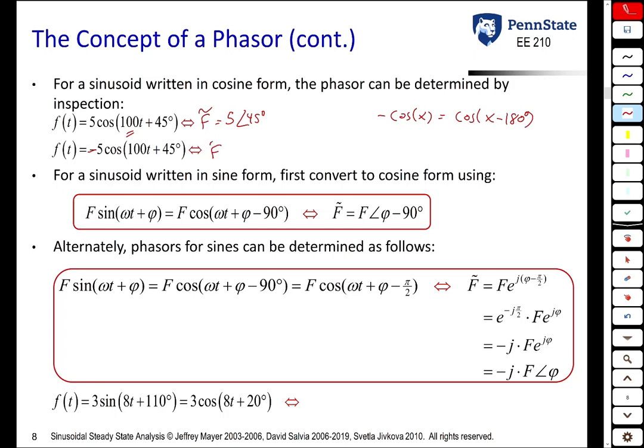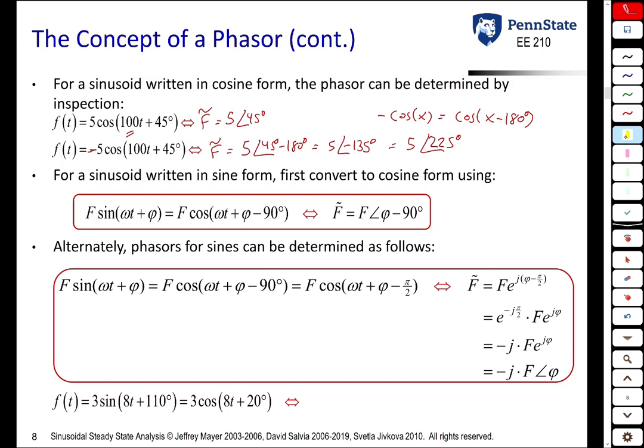So in this case, F tilde is 5 at an angle of 45 degrees minus 180 degrees, or 5 at minus 135 degrees. I should point out that you could also add 180 degrees. It gives you the same thing. So we could instead write that as 5 at an angle of 225 degrees.